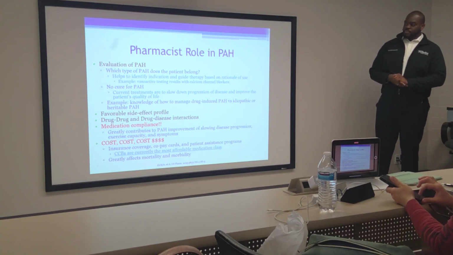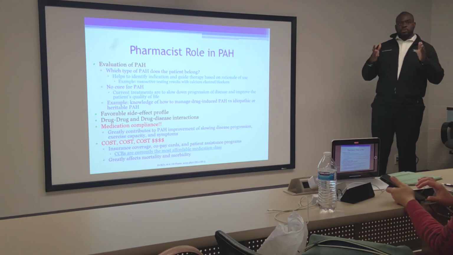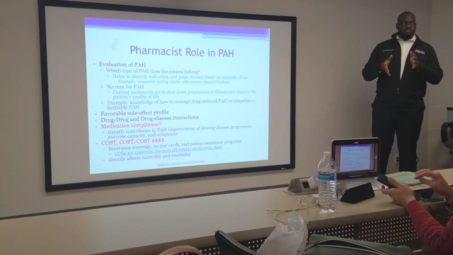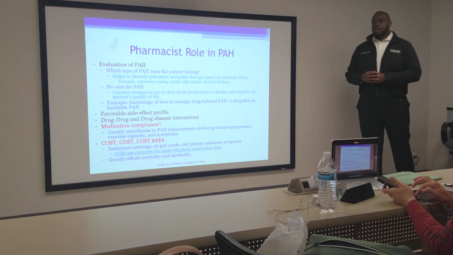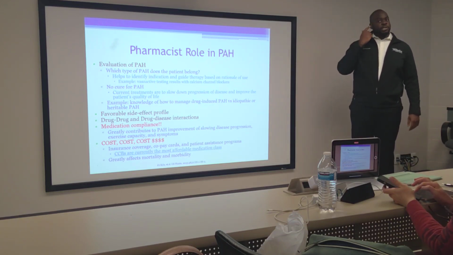From an affordability standpoint, I'll put it this way. As a pharmacist, if I'm looking at a patient who came in with PAH as a diagnosis, and we're trying to initiate therapy in the hospital setting, my first thought is what we give them has to be something they'll actually be compliant with.